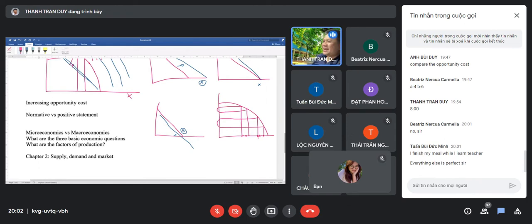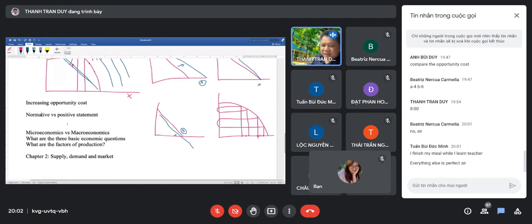All right. Now next, can we distinguish between normative and positive economics, right? What's the difference between normative and positive? What's the difference?